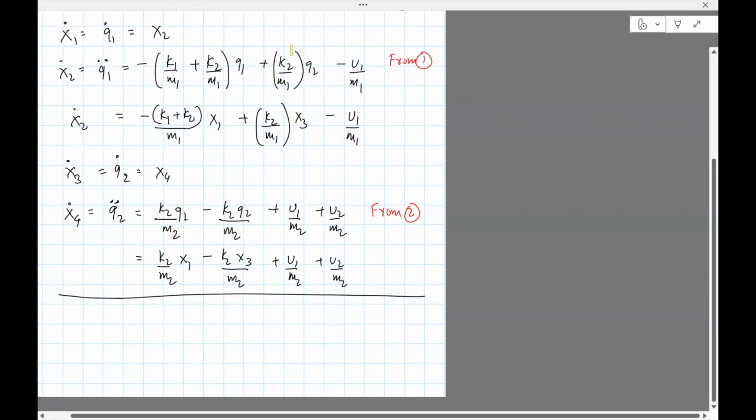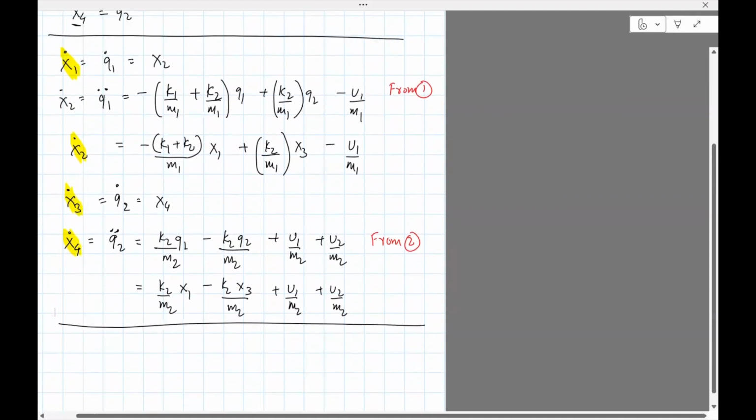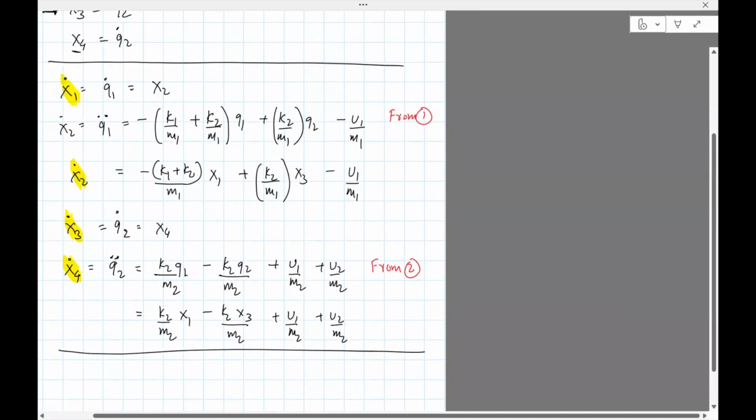Okay, so finally, I need to write equations for the first order terms. So those will be x1 dot, x2 dot, x3 dot, and x4 dot. So what we'll do is make some space here.